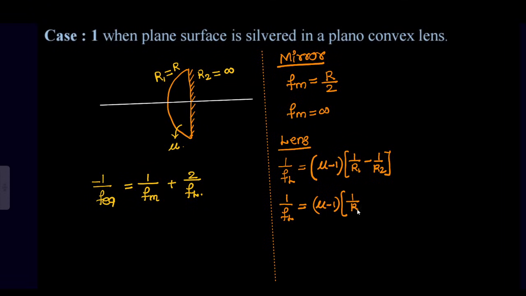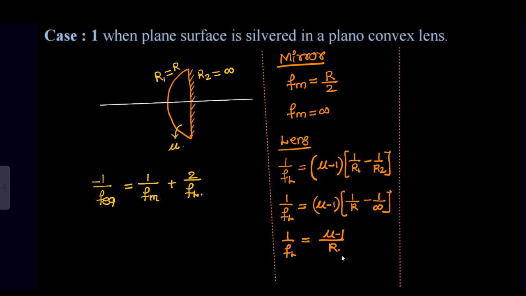So that is plus R. That means the R2 value is 1 by infinity. Then tell me how much will come. That is 1 by FL will come to be what? Mu minus 1 by R. This is the focal length of a lens.